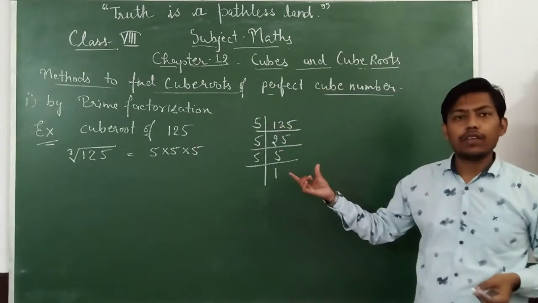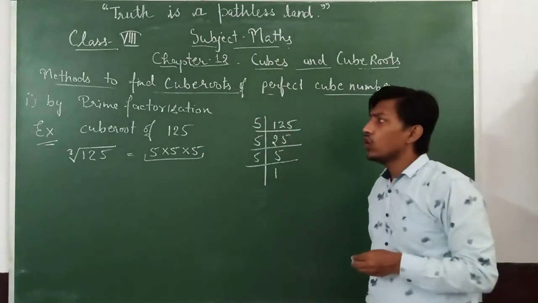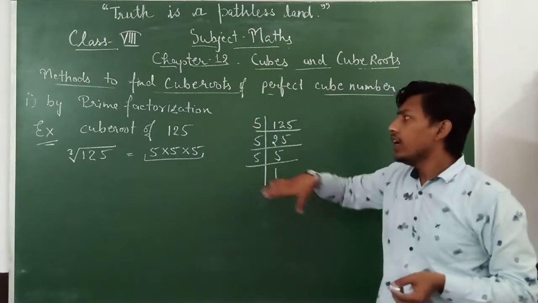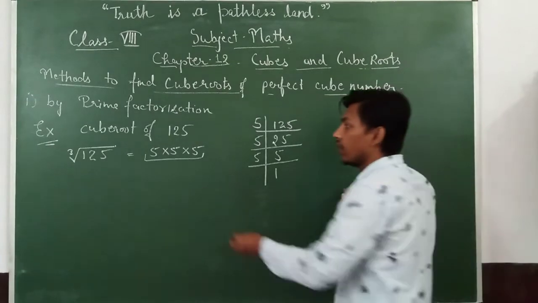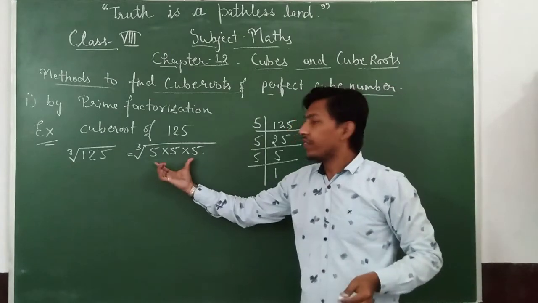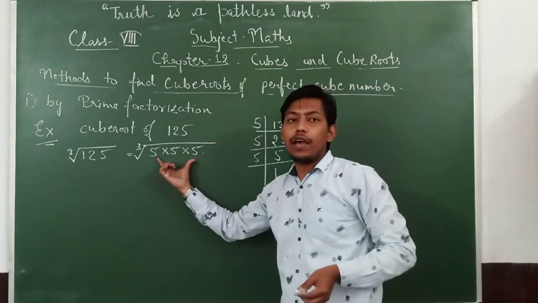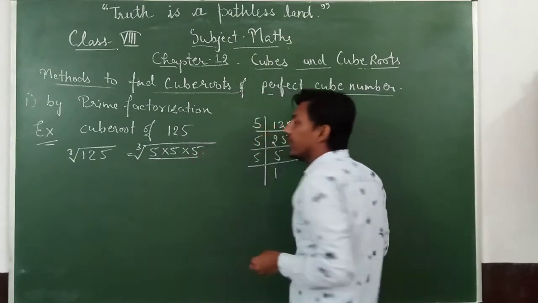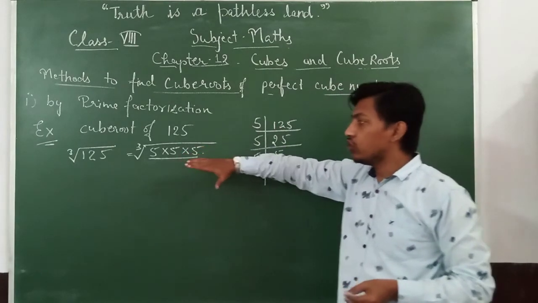Here 5 comes 3 times, that means it is making a triplet. So to find the cube root of any number by prime factorization, it is very necessary that the prime factors of the number should be in triplets.